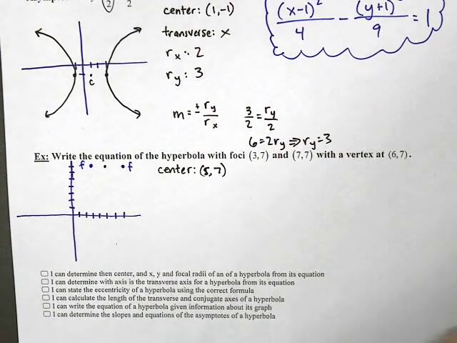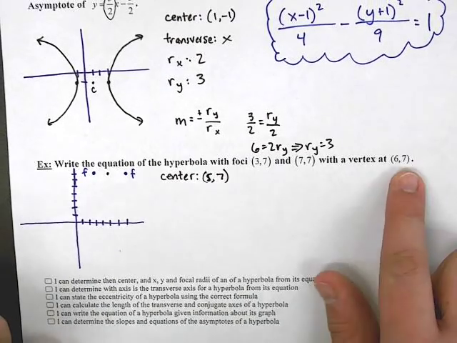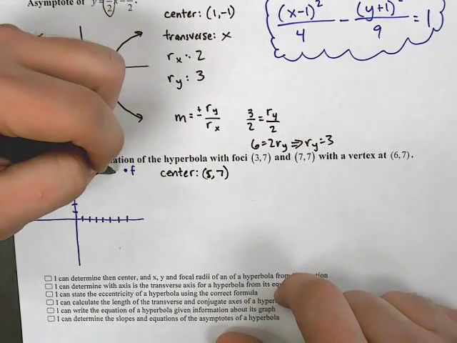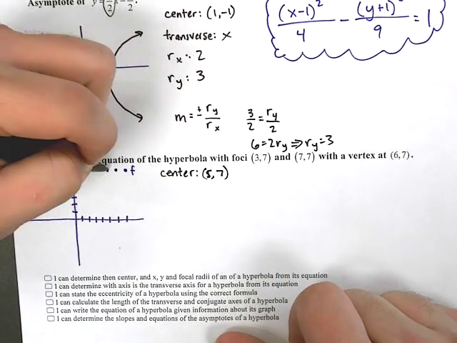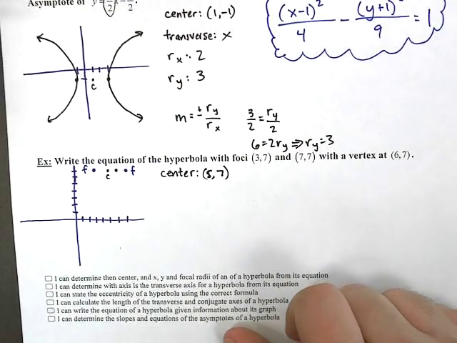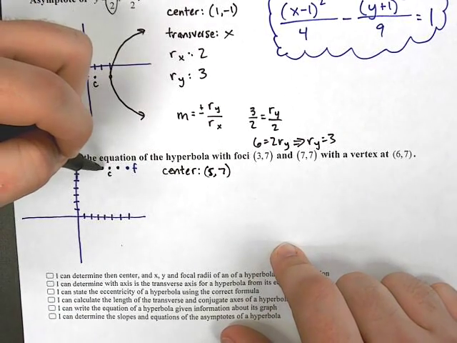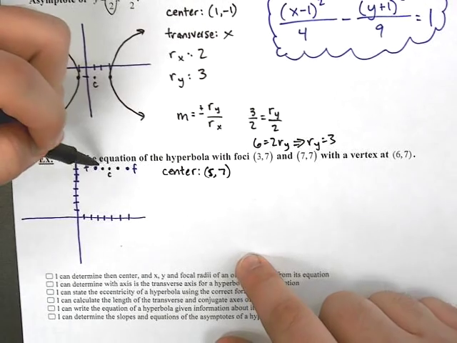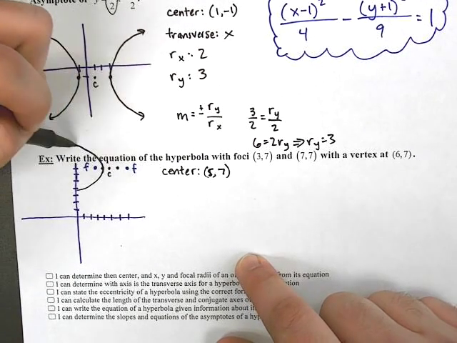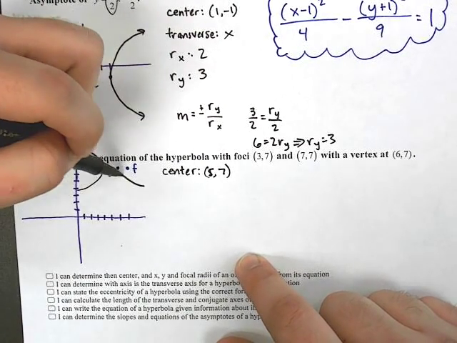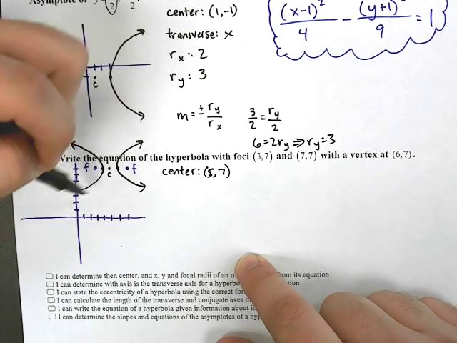Now we can use our other hint to help us out with the rest of this. We know that we have a vertex at (6, 7). So if I have a vertex at (6, 7), which is 1 away from the center, well then I have to have another vertex 1 away in the other direction. So I can now sketch this picture. Alright, it's not great, but it'll get the job done.